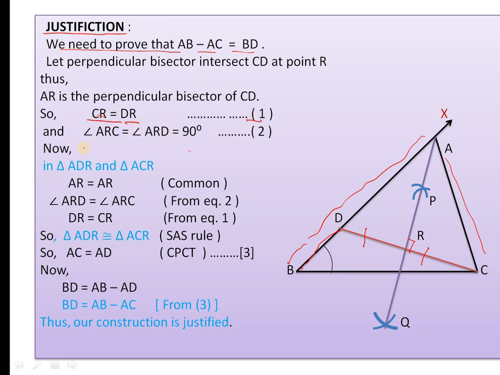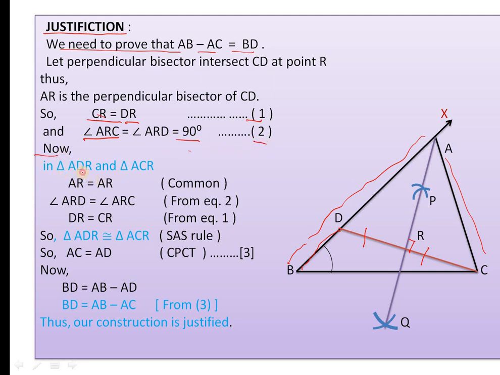Equation first. And angle ARC and angle ARD are 90 degrees because the line segment AR is perpendicular on CD. So angle ARC and angle ARD will be 90 degrees. Equation second.